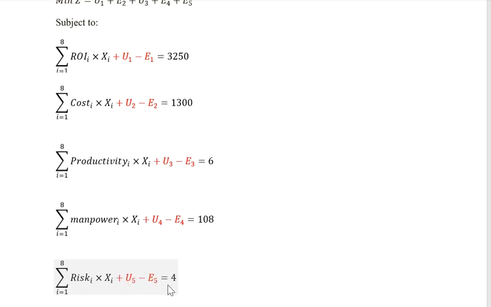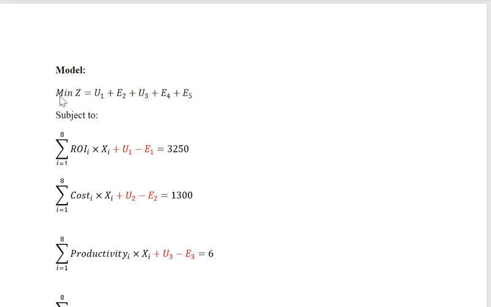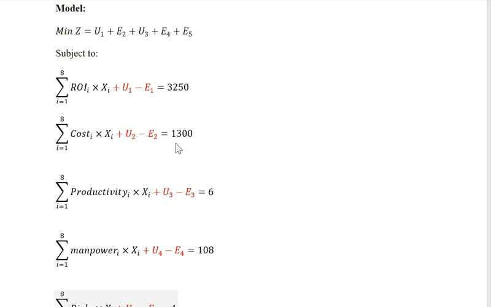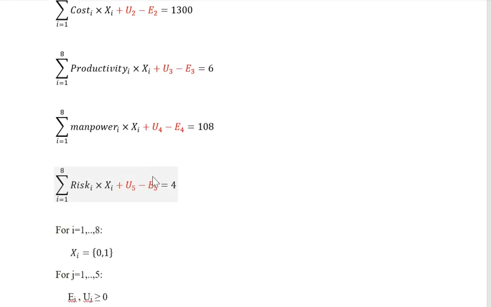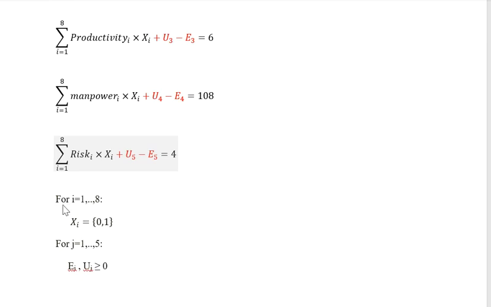For the risk, we want to have as little risk as possible, so we're going to minimize the excess risk. So we're going to end up with this objective function, minimize Z equal to U1 plus E2 plus U3 plus E4 plus E5. Okay, so in addition to our goals, of course, we have to state that xi is a binary variable and the deviation variables are greater than or equal to 0.